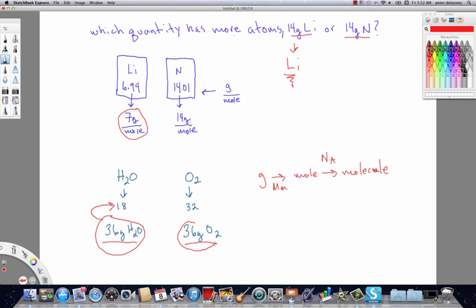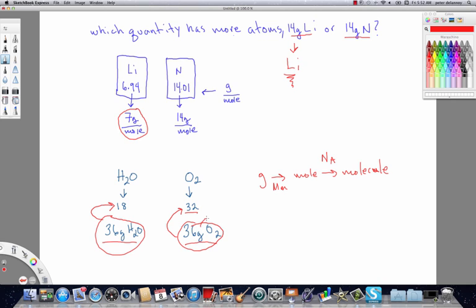Okay? And we see that in the case of these two molecules, in the case of the oxygen, its molar mass is 32, and we've been given 36 grams. So basically, we have what amounts to a little bit more than a mole of oxygen in this case. So there's a little bit more than 6 times 10 to the 23rd particles.